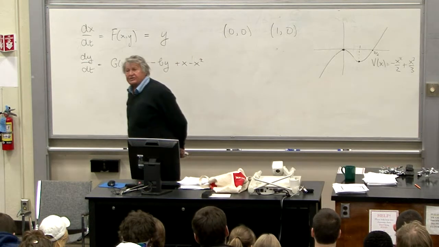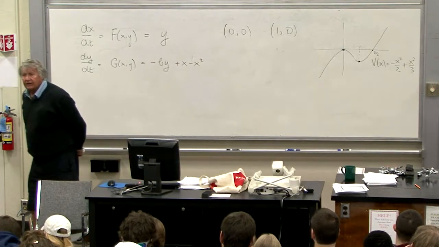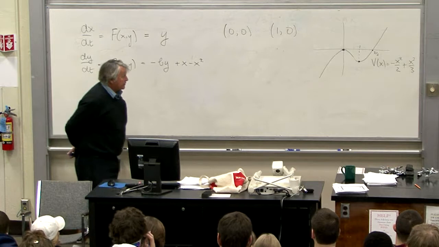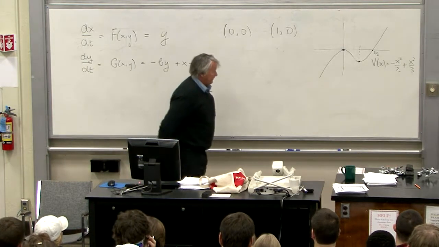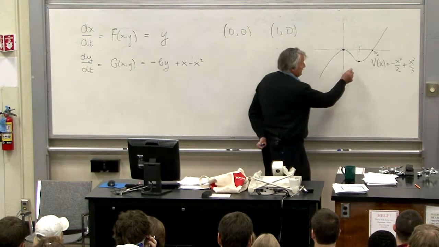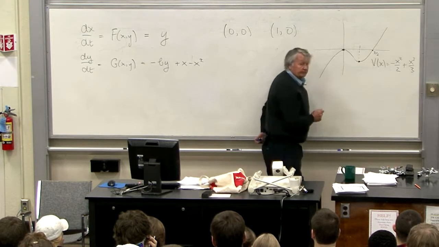In which case we give three definitions of the kinds of stability. The first kind of stability is Lyapunov stable.